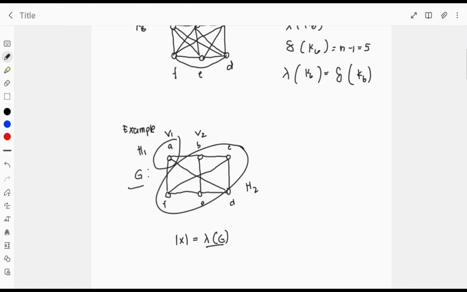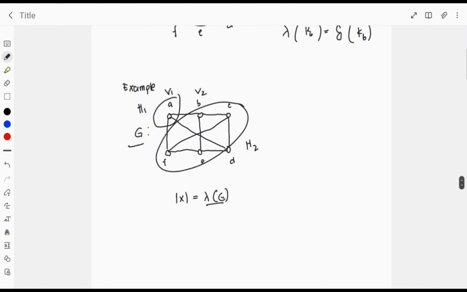This is crucial because it allows us to relate the number of vertices in H1 to the size of X, and thereby to delta of G. So that's found using lambda of G.